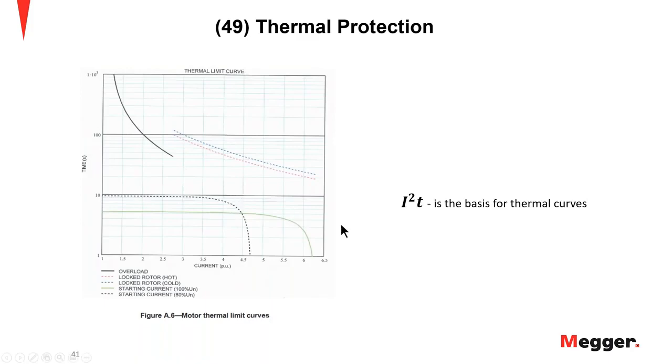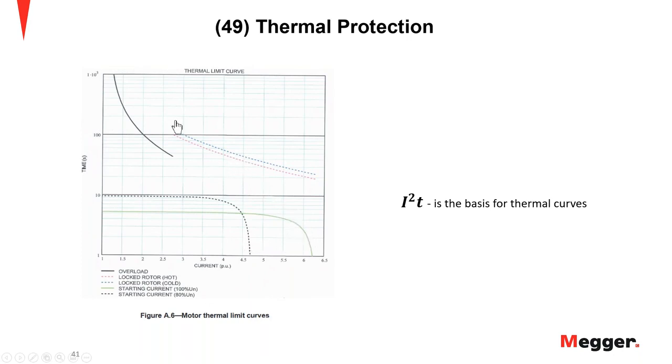You can see here this is an example, and it's out of the IEEE standard that I mentioned before. This gives you an overall look at the motor starting currents, I apologize, this is actually current here, with 80% and 100%.